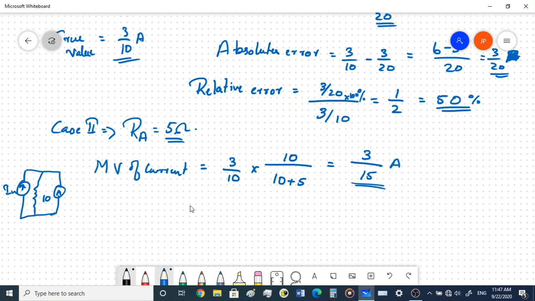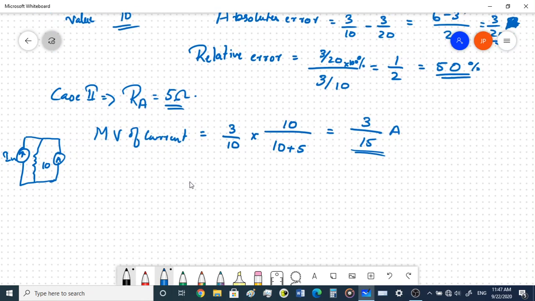Now this is the measured value of the current, and let's find what would be the absolute error. The absolute error would turn out as 3 by 10 minus 3 by 15. We can take out 3 by 5 in this case from both these values, which would turn out as 3 by 5.